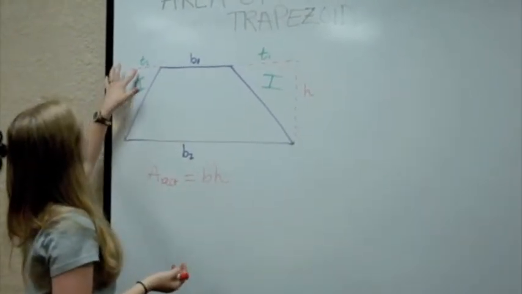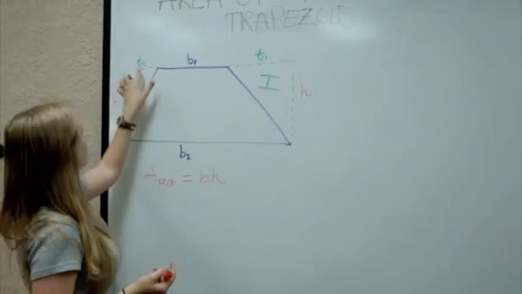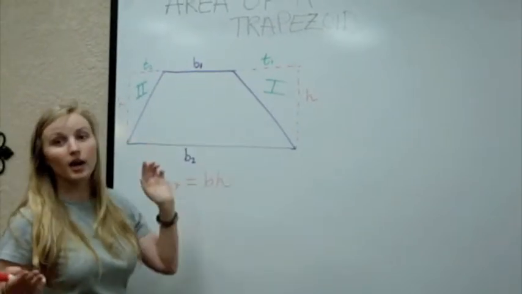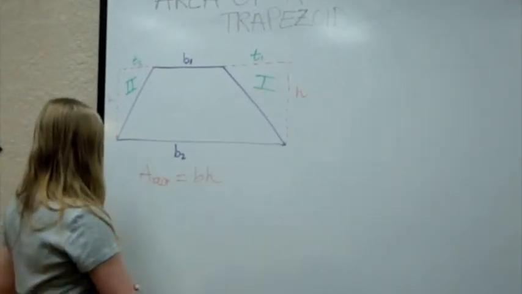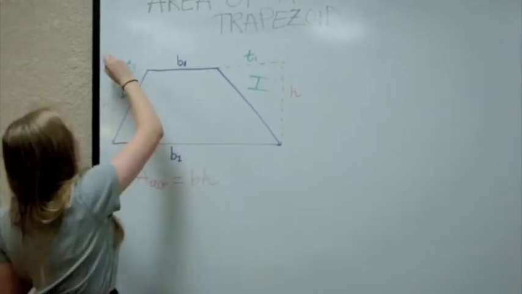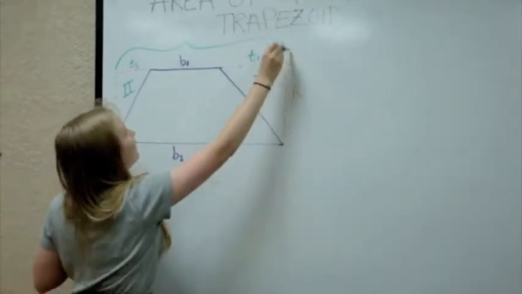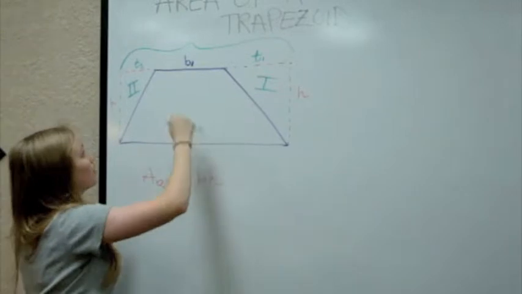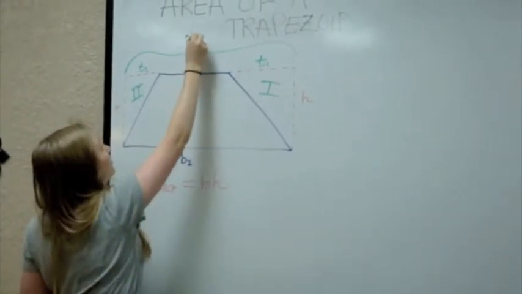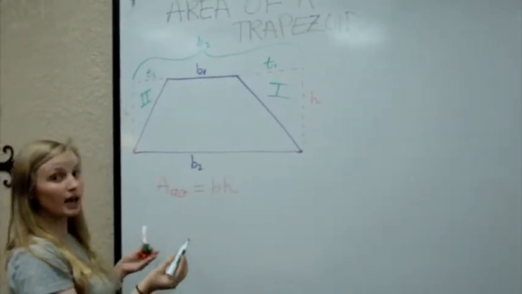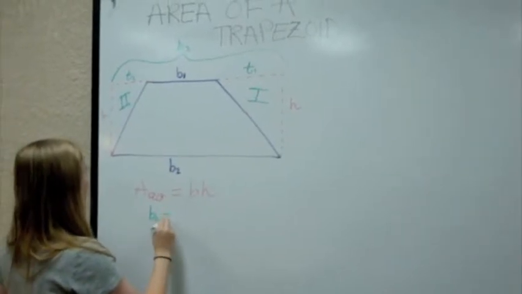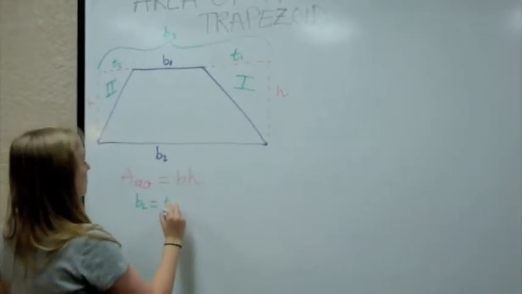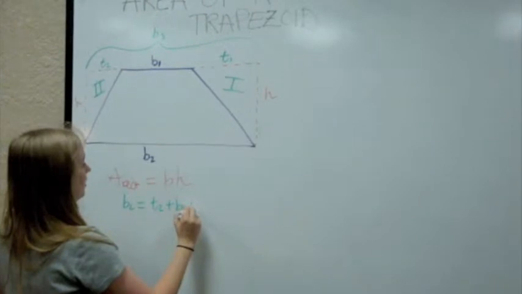So we know that this whole side right here that is composed of T2, B1, and T1 has to equal the same length as B2. So then we can say that B2 is equivalent to T2 plus B1 plus T1.